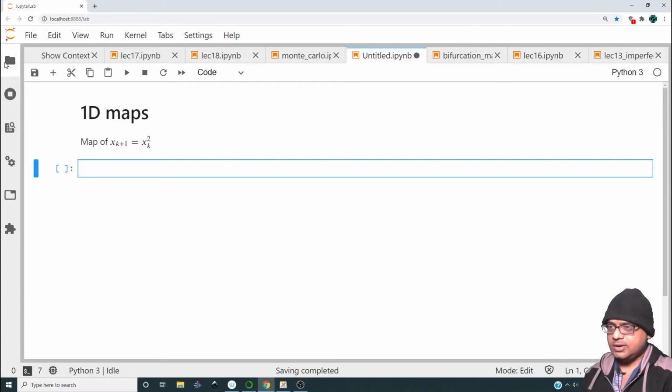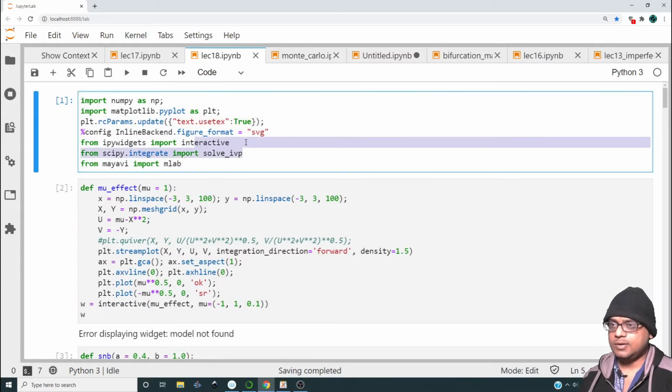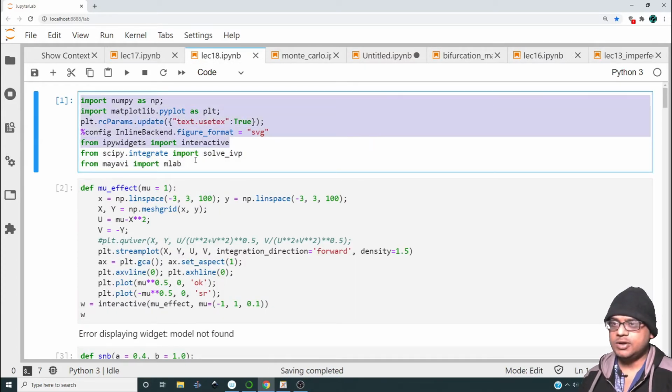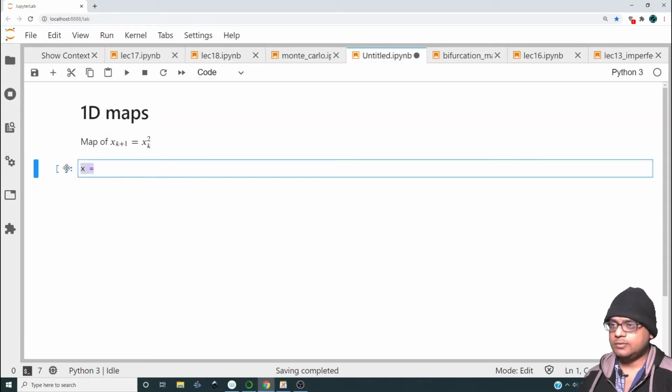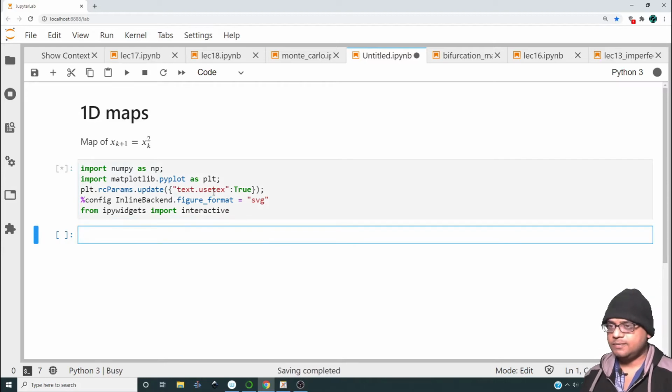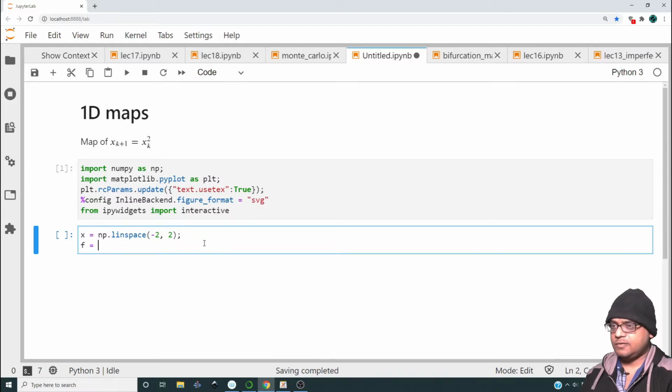So let us first import all the libraries. All right, so we only need this, we don't need solve IVP and mlab over here. All right, so let me run this. Then x will be np dot linspace minus 2 to 2, f equal to x squared and g equal to x.